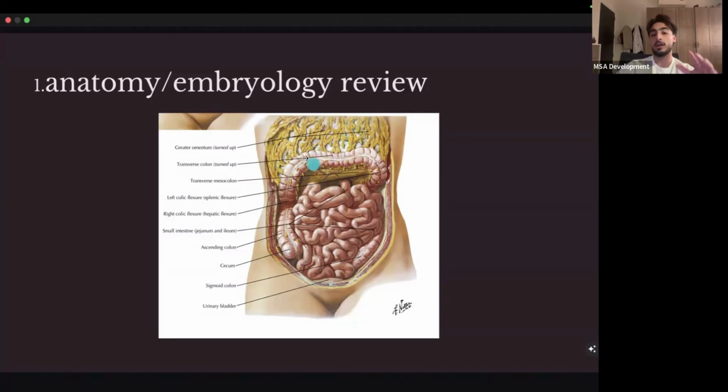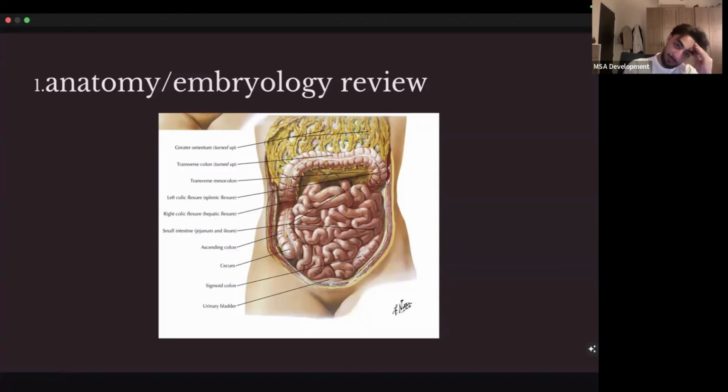Okay, another thing I want to point out is that the colon has its own intrinsic ability to contract and propel the stool towards the rectum. Okay, and this propulsion is controlled by pacemaker cells called the interstitial cells of Cajal. All right, now if you have a problem with the pacemaker or your intrinsic motility of the colon, it's going to be either hypermotility or hypomotility.